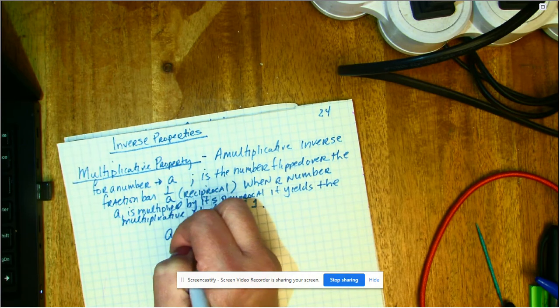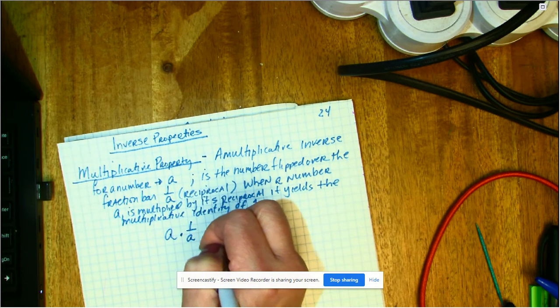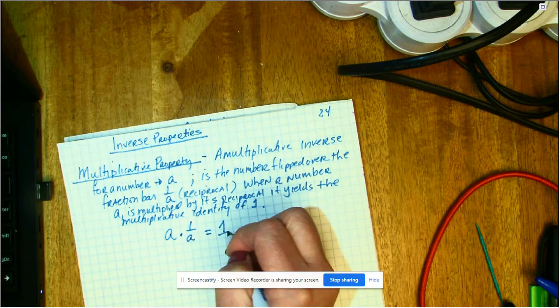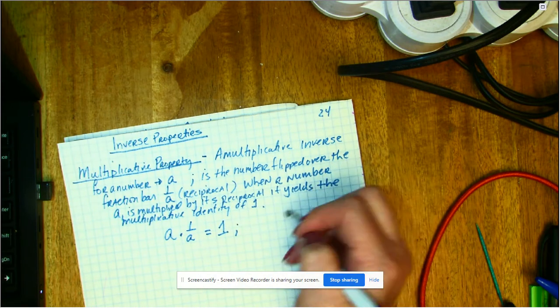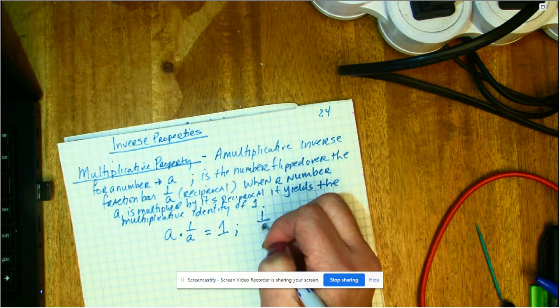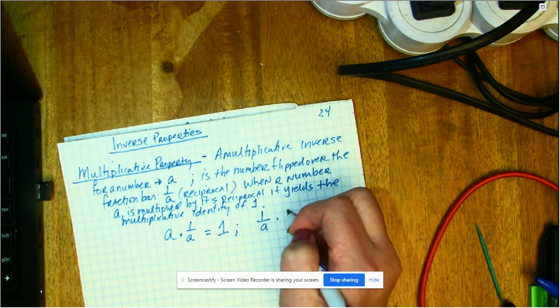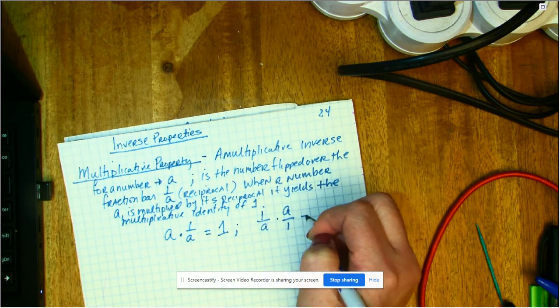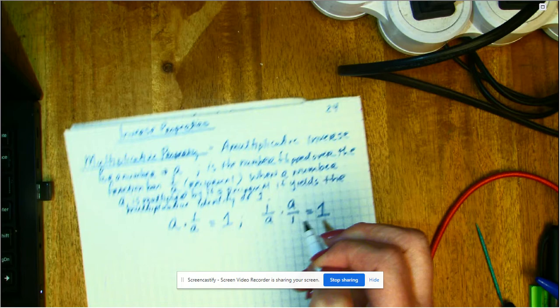So A times 1 over A equals 1. Conversely, 1 over A times A, or A over 1, also equals 1.